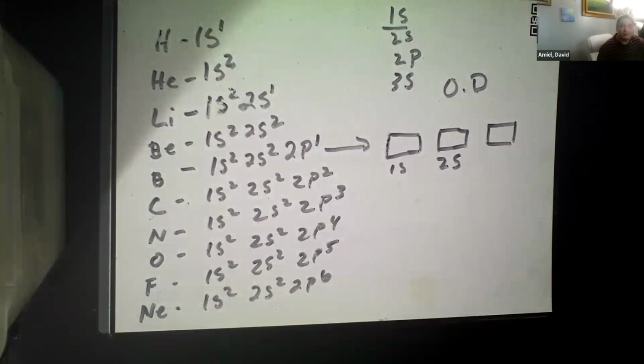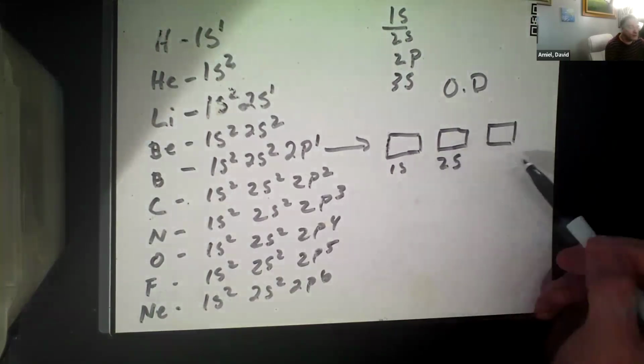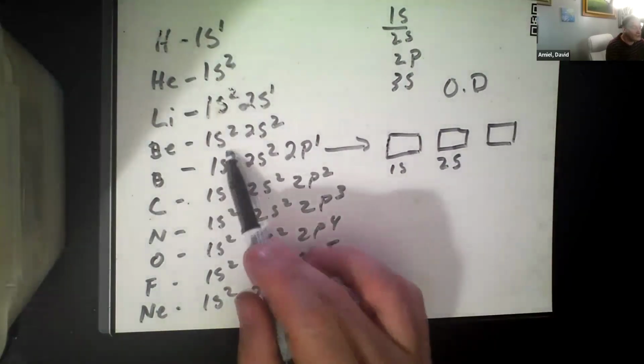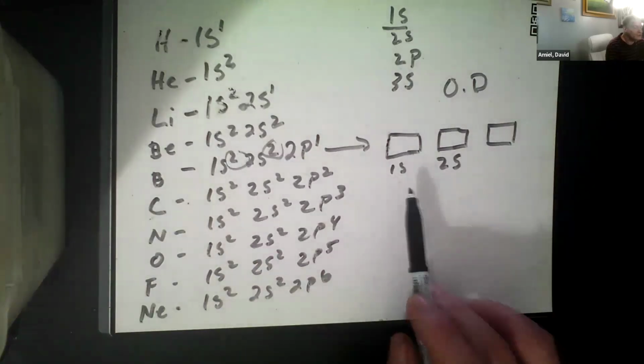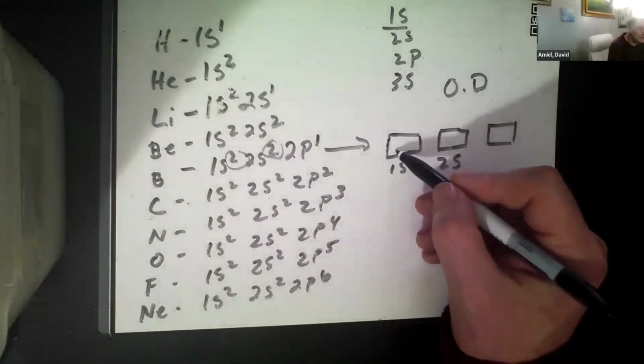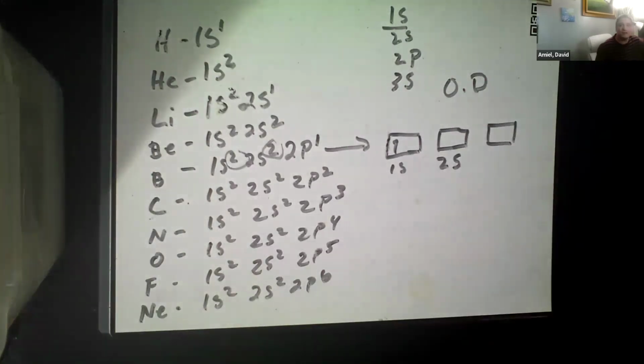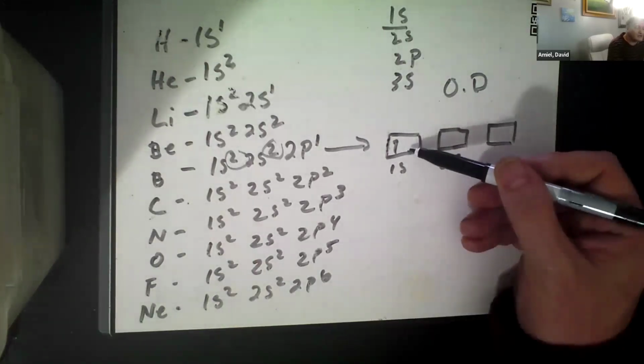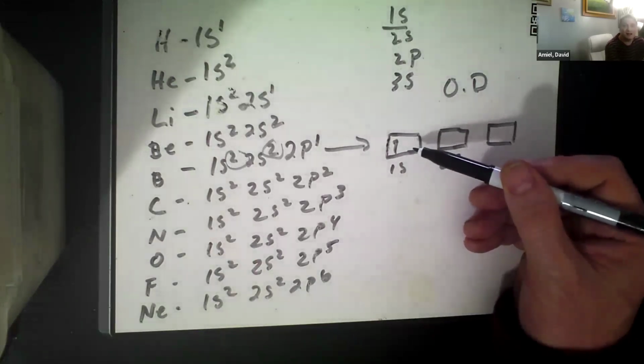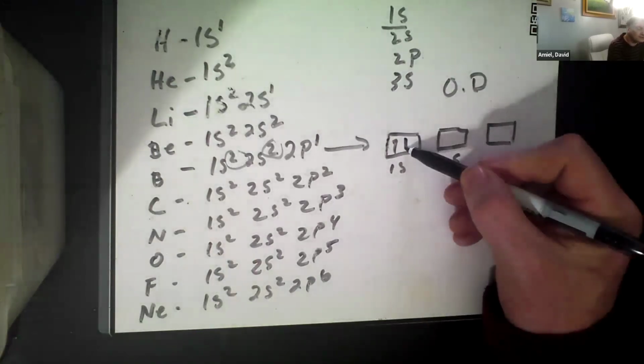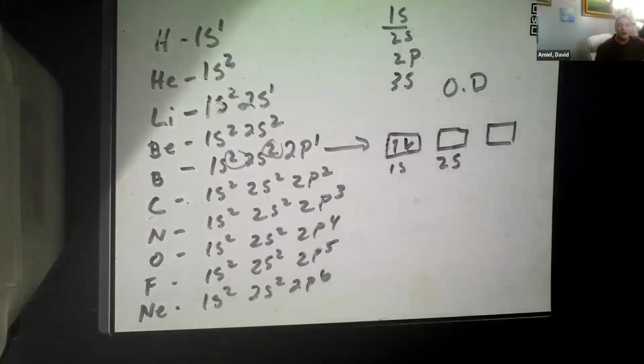Each box represents an orbital, and we fill in the electrons. So the 1s has 1 electron spin up like that. By the Pauli exclusion principle, you can't put the second electron spin up. That's disallowed. The second electron is spin down like that.